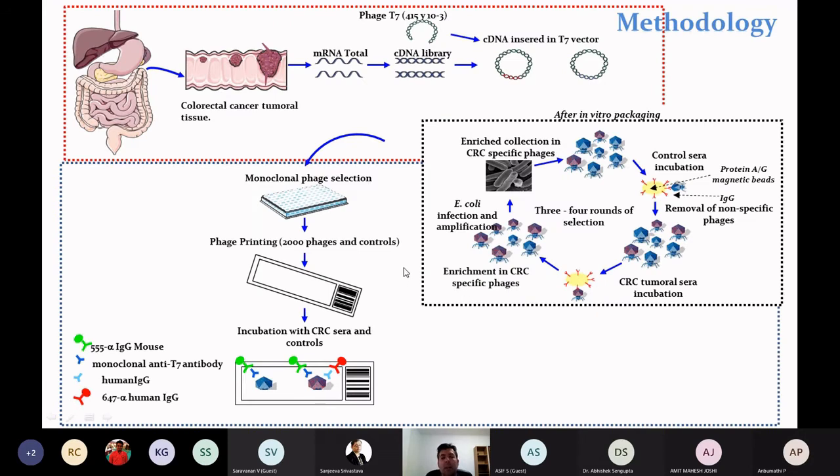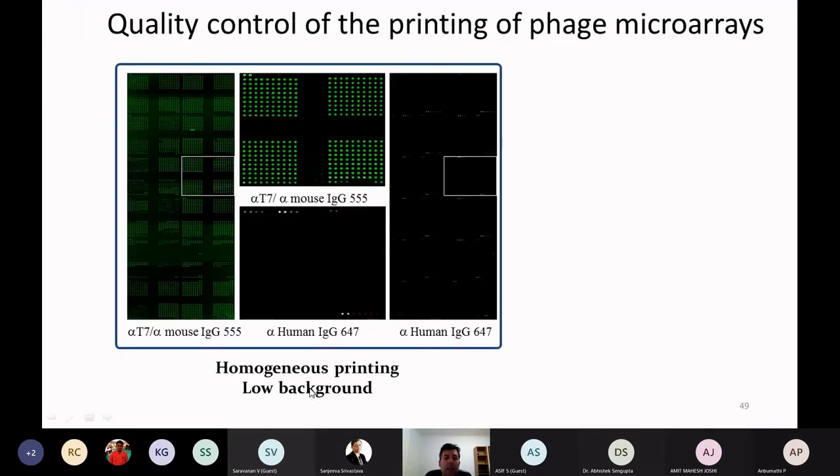Then, after monoclonal phage selections, we printed 2,000 phages and controls, monoclonals, on nitrocellulose protein microarrays to detect the presence of the T7 phages with an antibody against the T7 phage, and the specific peptides of our disease using an anti-human IgG conjugated with Alexa 647.